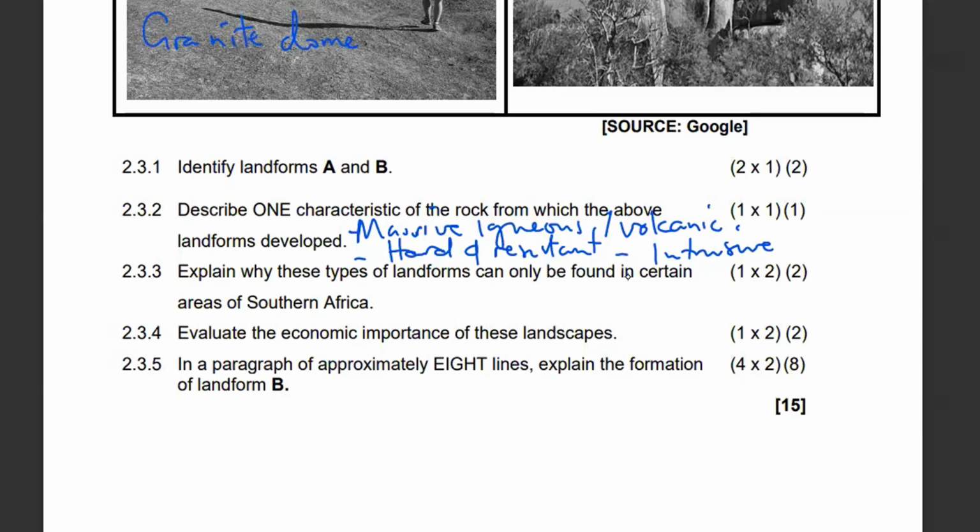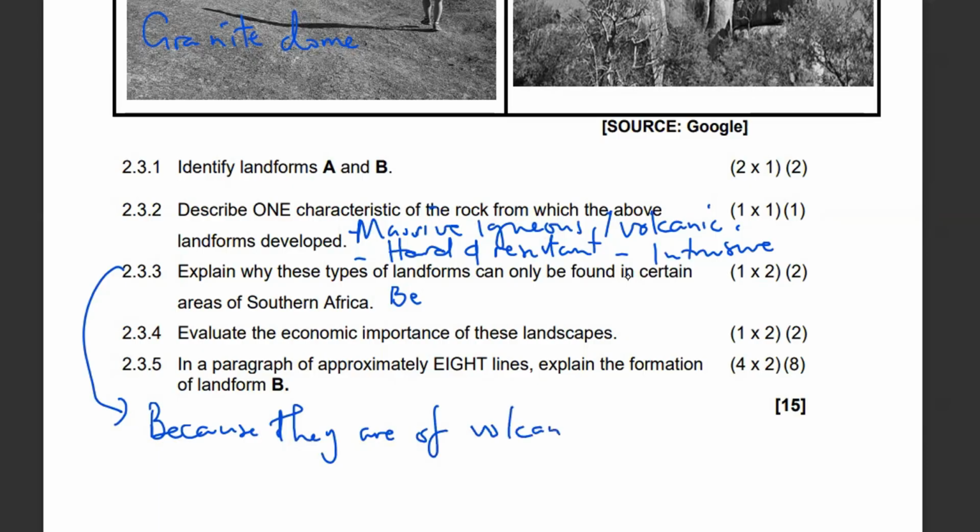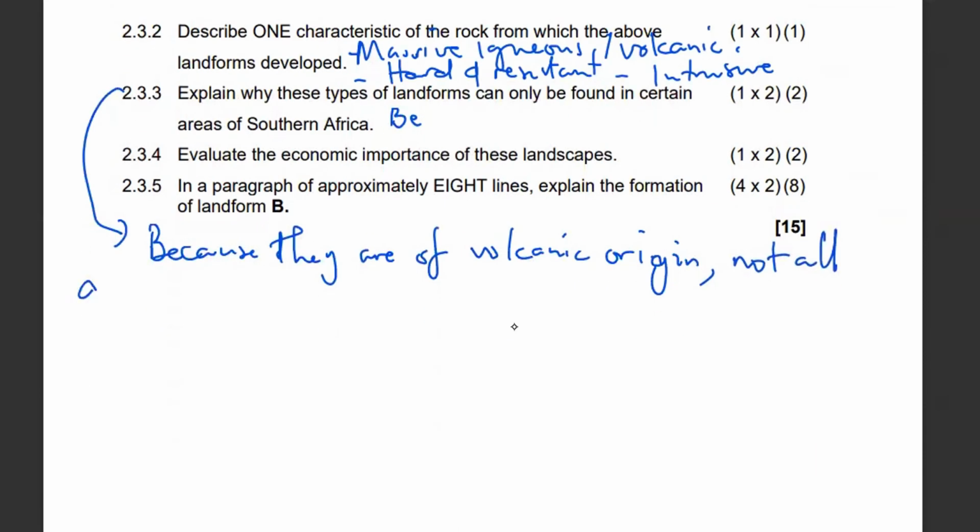Explain why these types of landforms are only found in certain areas in South Africa. Why are they only found in certain areas? For the reason being, because they are of volcanic origin, not all areas in South Africa experienced intrusive volcanicity.